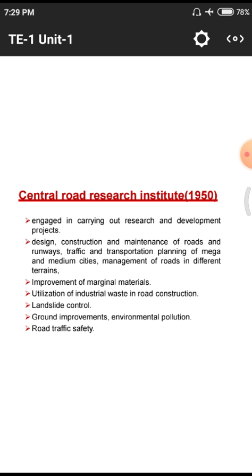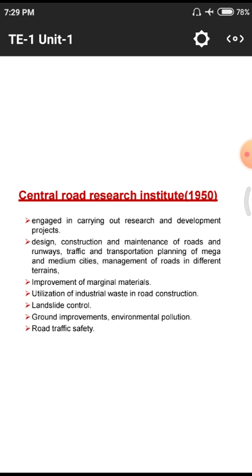In the metropolitan areas we have a huge population density, so in particular areas we have a huge amount of traffic. That means we need to design the roads depending upon the population density and different traffic criteria.